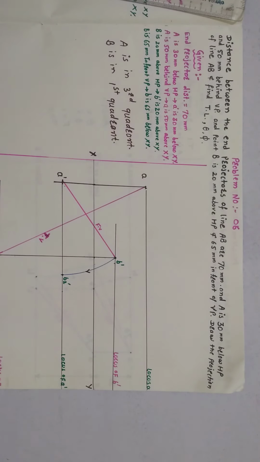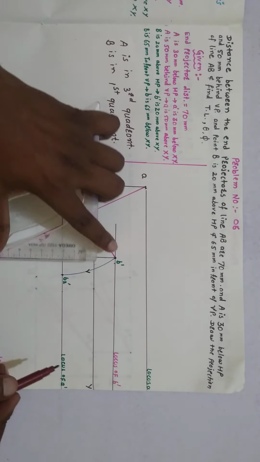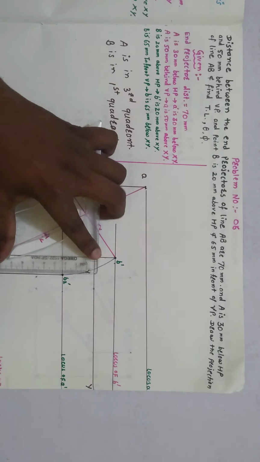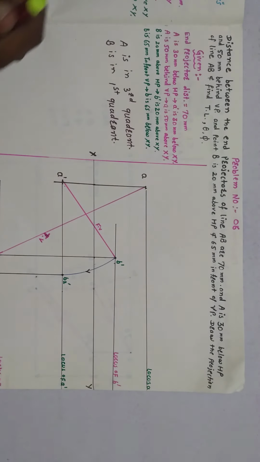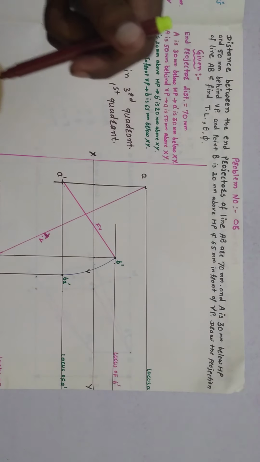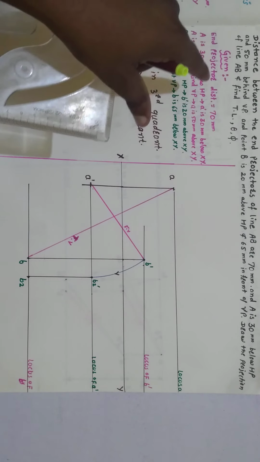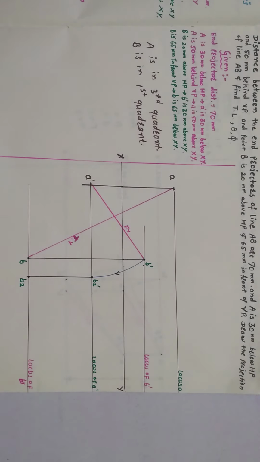From the B2 dash point draw one straight line which cuts the locus of B, and this point is the B2 point.